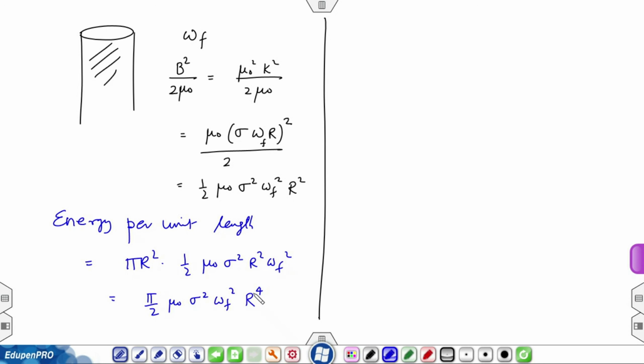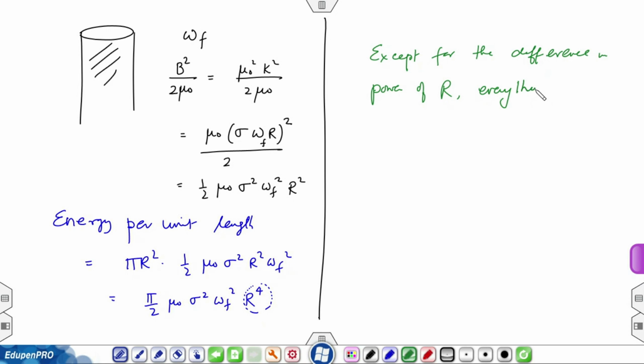So, I am getting the same answer except for this r raised to 4. In the previous calculation, I had an r cubed. That mistake I will leave for you to check. The rest of the quantities are the same, except for the difference in power of r, everything else is the same.